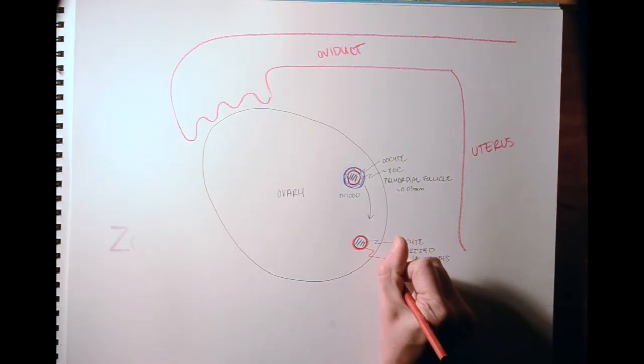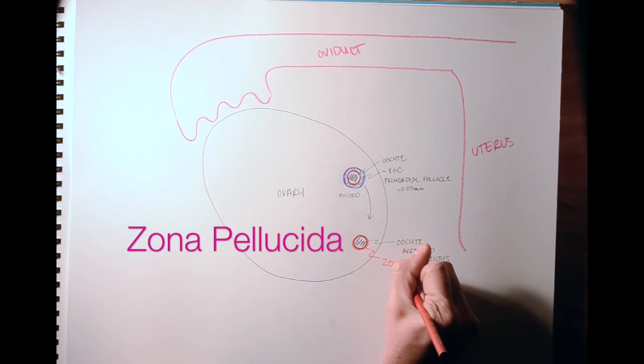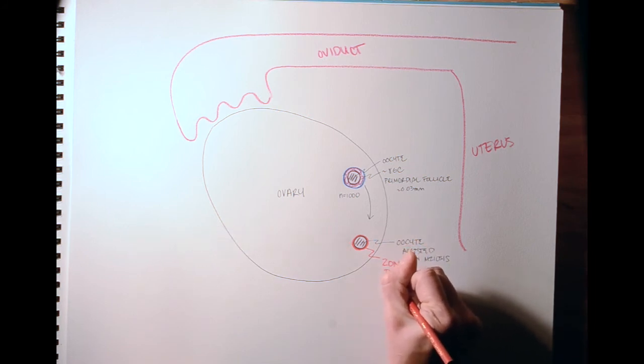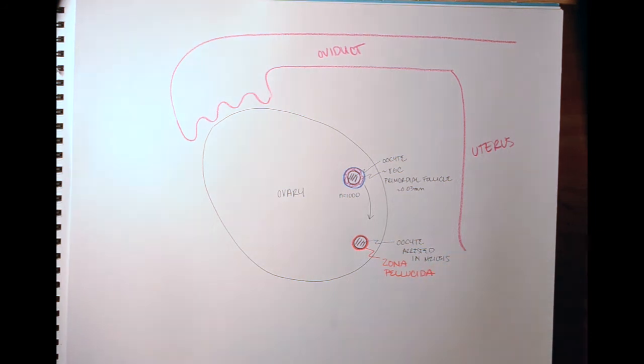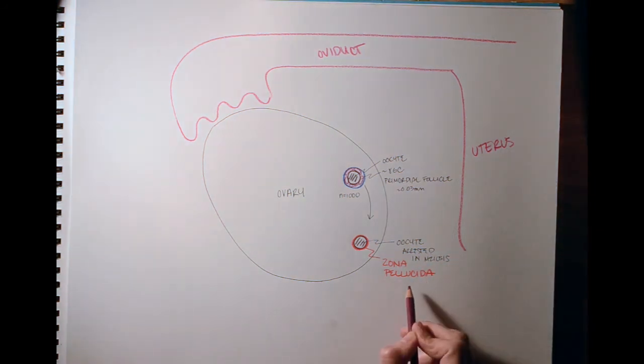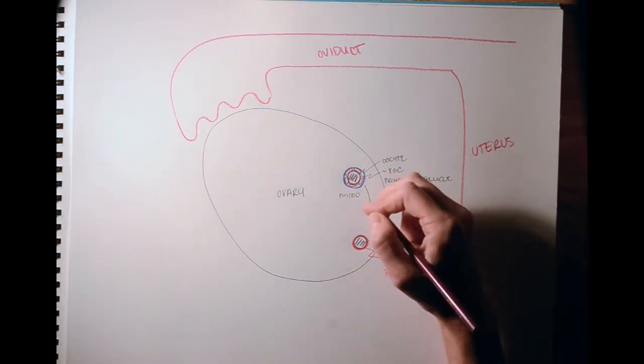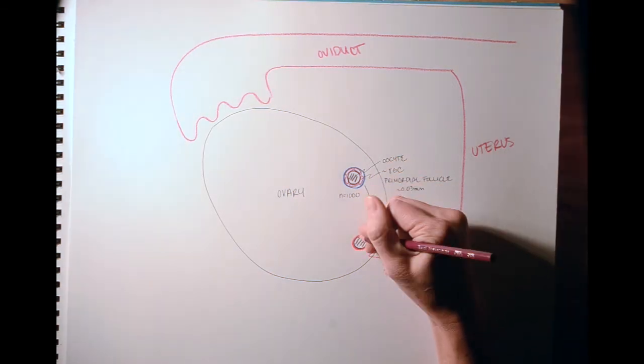And this zona pellucida will, Z-O-N-A P-E-L-L-U-C-I-D-A, I believe. That may just have one L. Who's counting? So this zona pellucida will surround the oocyte for subsequent stages. It's going to be an important part, in fact, of the fertilization process. So the zona pellucida, again, appears after this first recruitment stage.